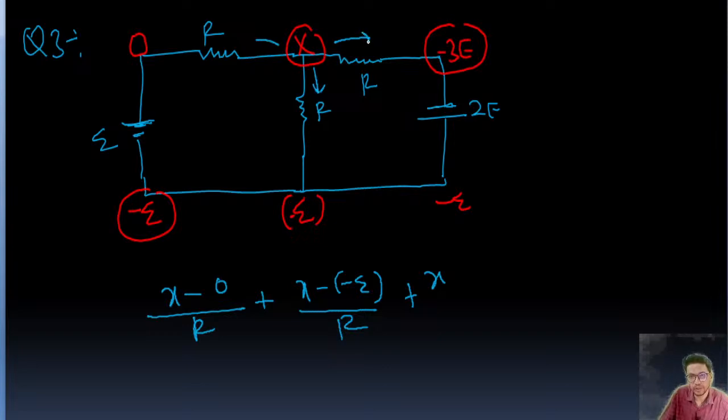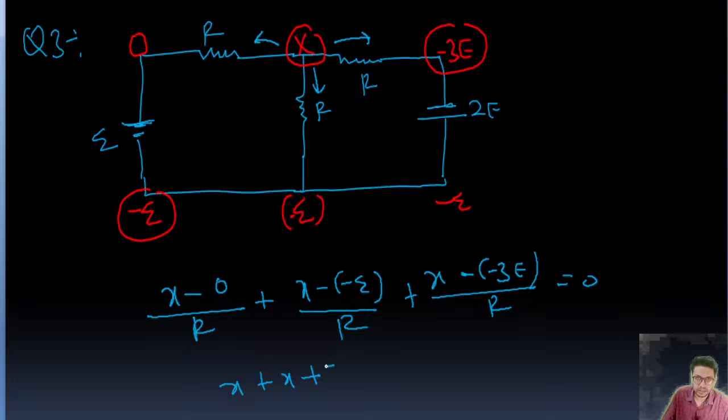These are the jumps we are going to do for using this. Now we'll solve it, very simple. So this is going to be x plus E plus x plus x plus 3E equal to 0, right?